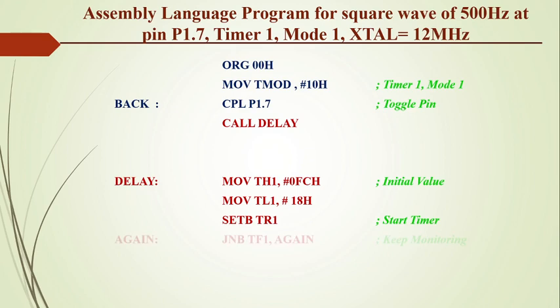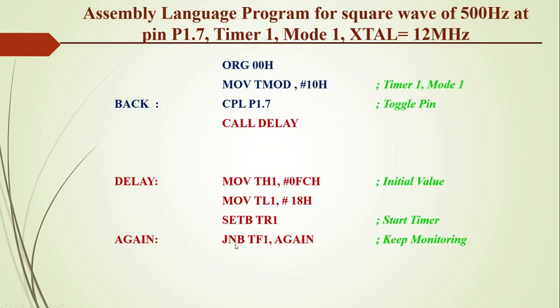After that, we have to monitor the TF1 flag that is used for timer 1. This is the overflow flag. Initially this flag is 0, and when the timer rolls over from its maximum count, FFFFH, to 0000H, at that time the TF1 flag will be set. So we monitor this flag using the instruction JNB TF1, again.